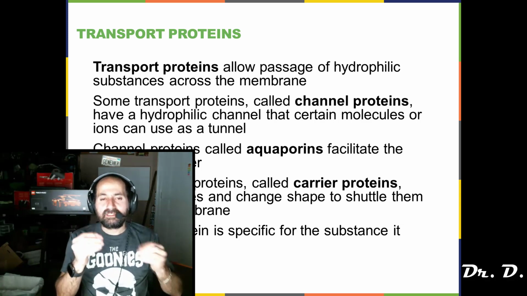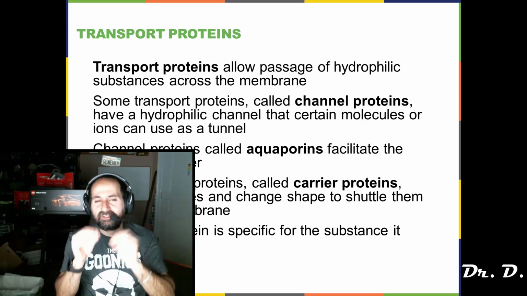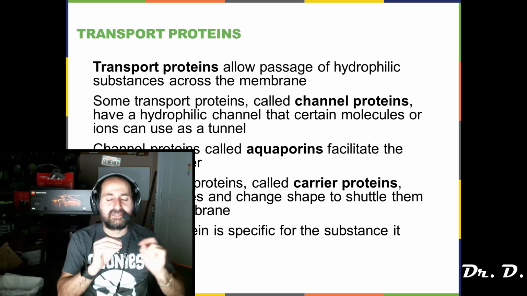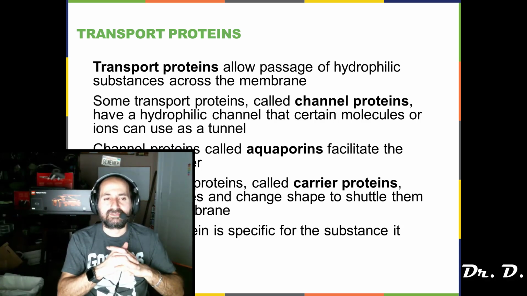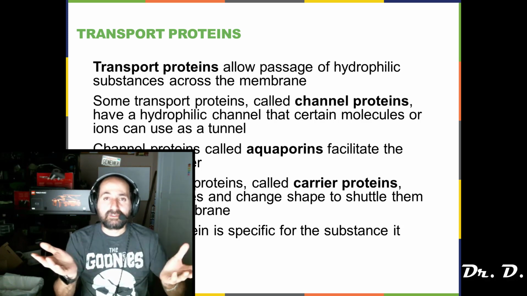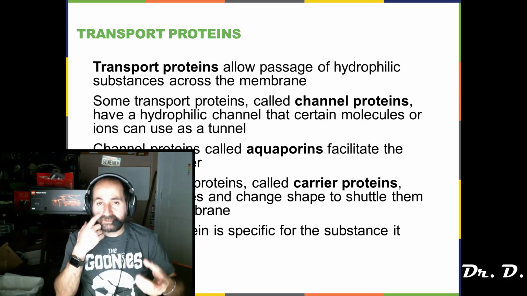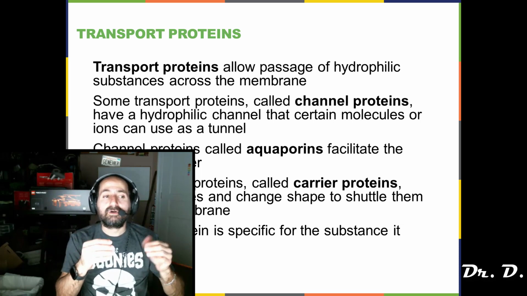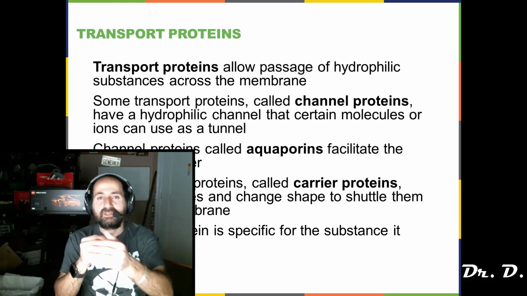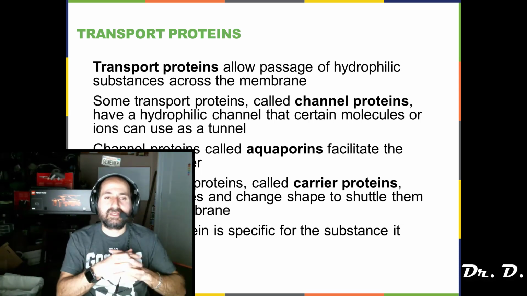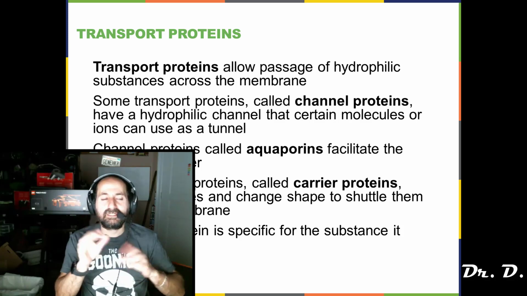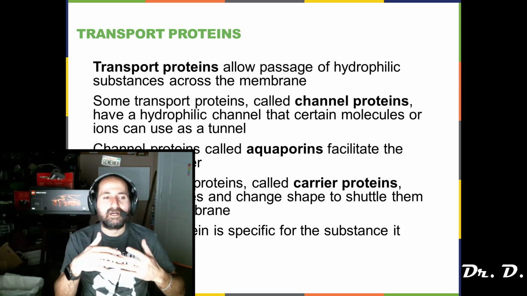So another thing you need to understand is there are very specific channels for very specific substances to cross the cell. So for example, you've heard of potassium channels maybe? Well, potassium channels specifically allow potassium ion to cross. You've heard of chloride channels? Chloride channels specifically allow chloride to cross.